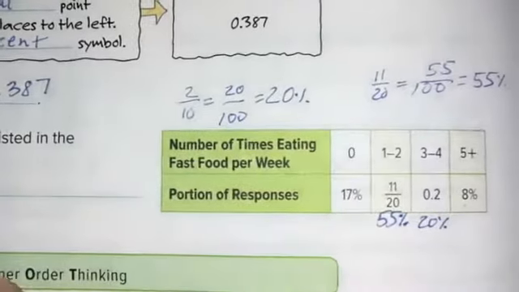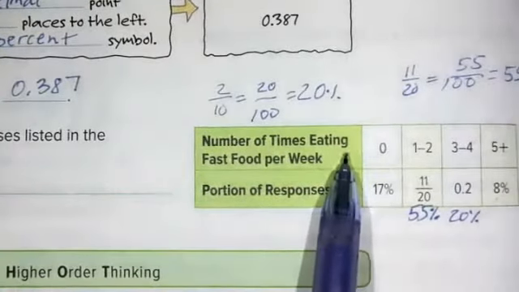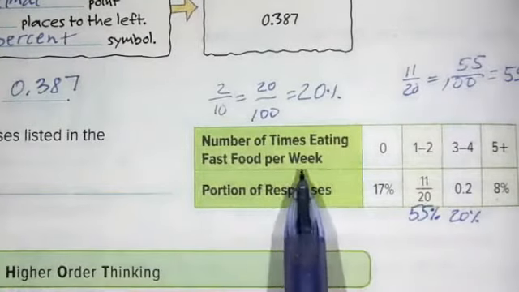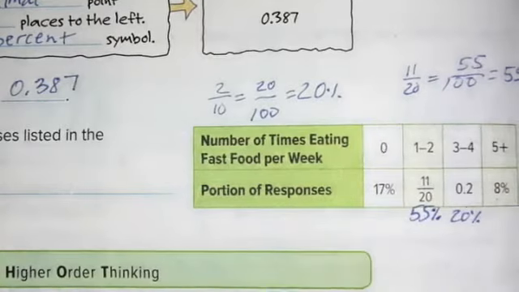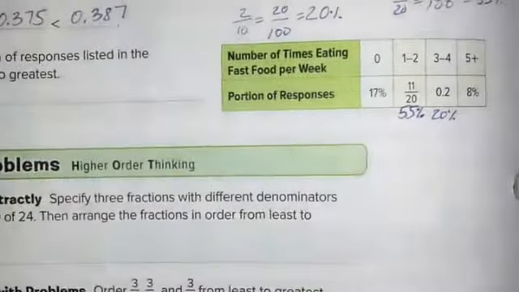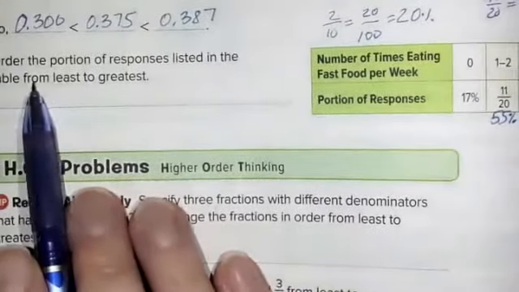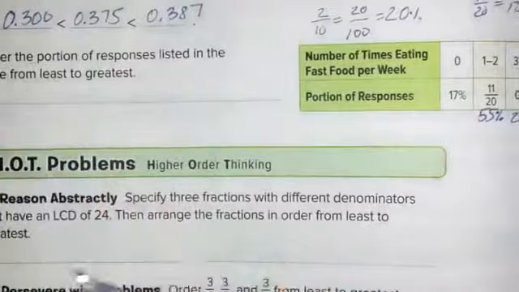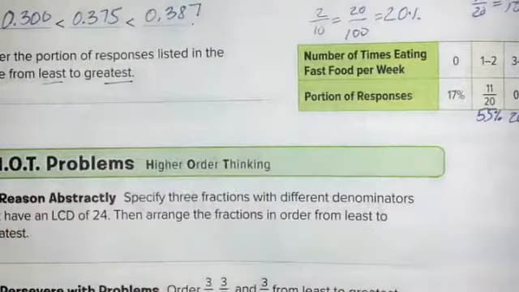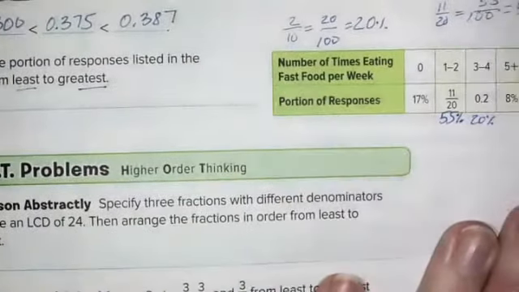Okay, so this is the number of times people reported eating fast food per week. They did a survey, and the directions are telling us to order the responses listed in the table from least to greatest. So the smallest of these is 8%.